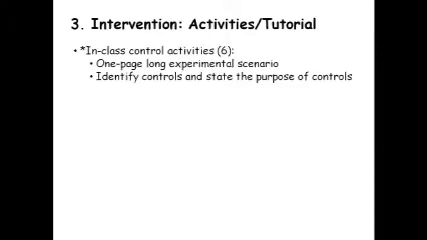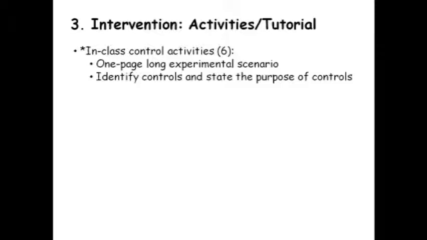Okay, so you may wonder, what have we done in the course to make a difference, if any? This is the intervention I'm going to talk to you about. The control activities that we implemented in the spring cell lab are the following.